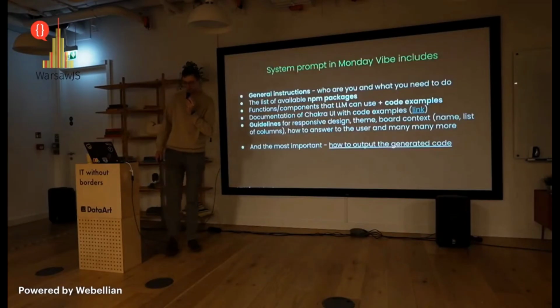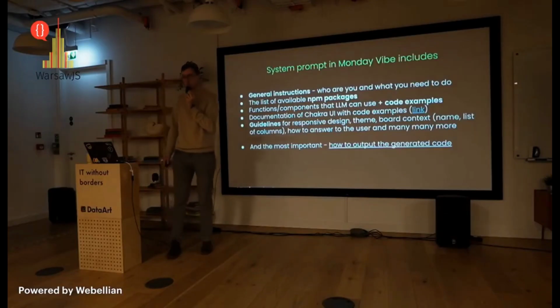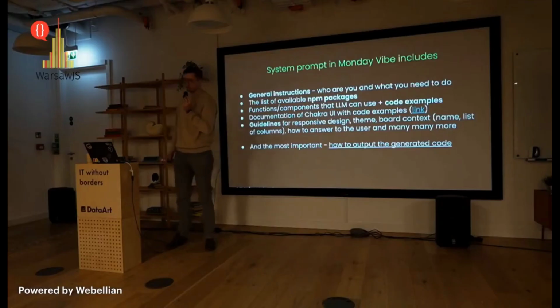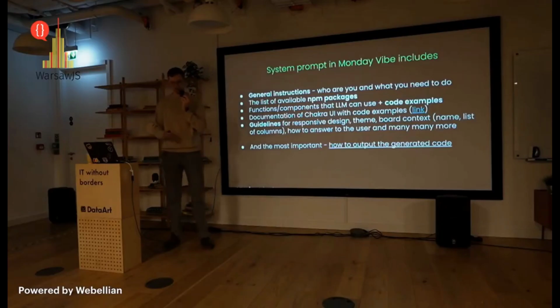And basically, it consists of some general instructions, like who are you, what you should do, a list of available NPM packages AI is allowed to use in the generated code, a lot of different code examples, guidelines on how to answer the user, and so on and so on. But the most important thing included in this system prompt is how to output the generated code.